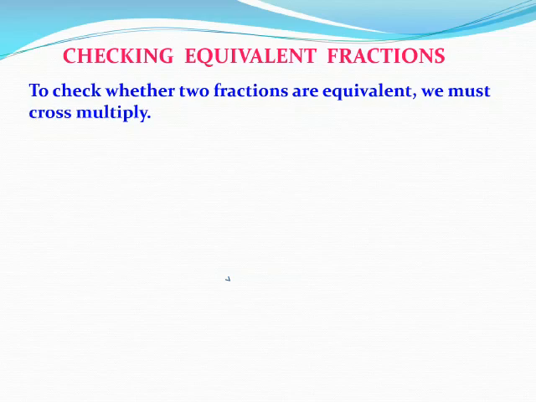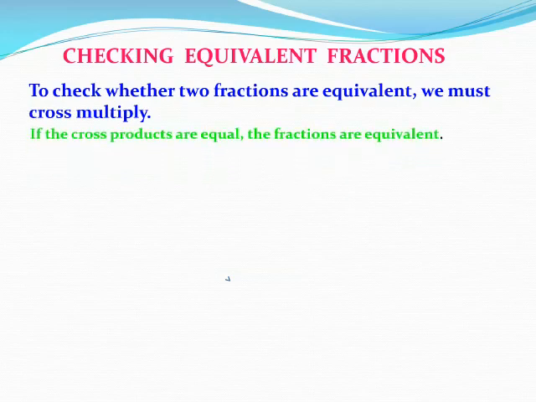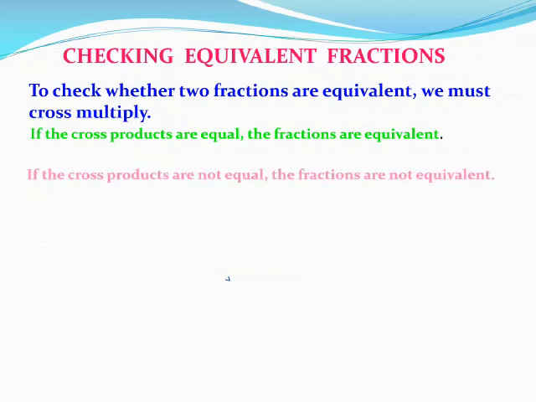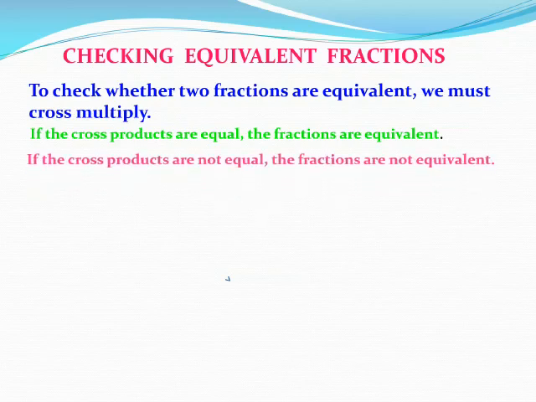Next, checking equivalent fractions. That means if two fractions are given, we have to check whether they are equal or not. For that, what do we have to do? To check whether the two fractions are equivalent, we must cross multiply. If the cross products are equal, the fractions are equivalent. If they are not equal, that means the fractions are not equivalent. Let us take one example: 4 by 5 and 8 by 10.